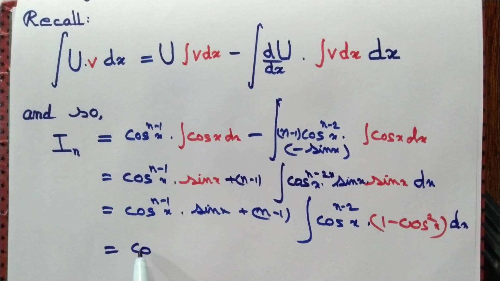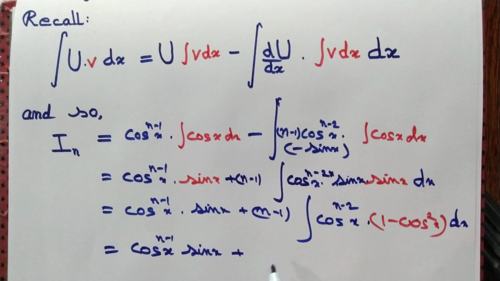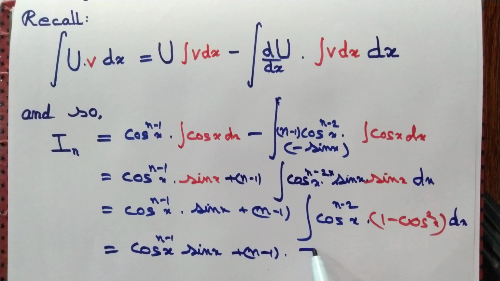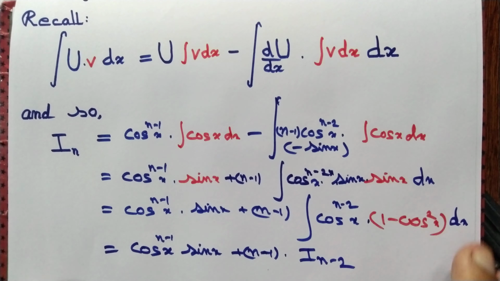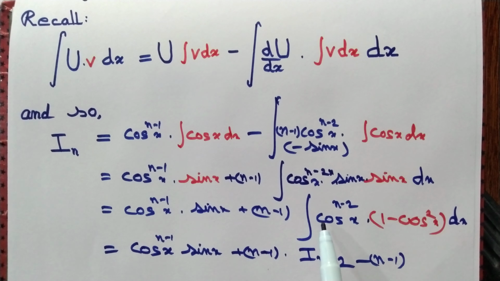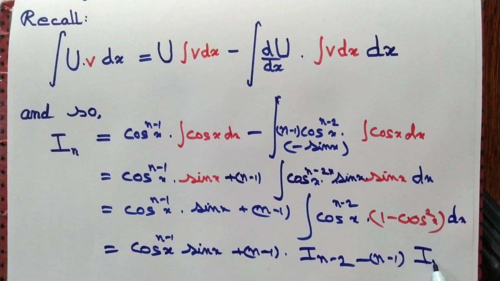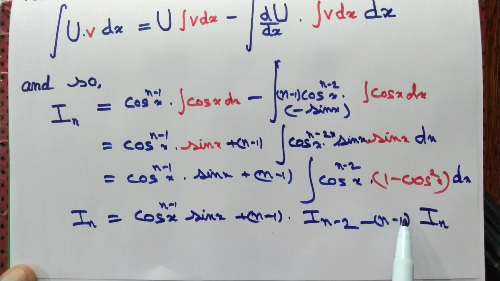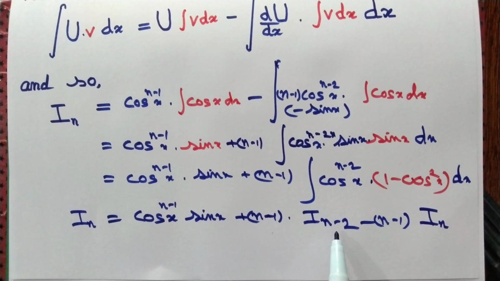Once again we copy this expression, cos x to the power n minus 1 times sin x, plus n minus 1 times the integral of cos x to the power n minus 2, that's simply I_(n minus 2). And then minus n minus 1 times the integral of cos to the power n x dx, that's simply equal to I_n. So we find I_n equal to something in terms of I_n and I_(n minus 2) and of course cos and sin.